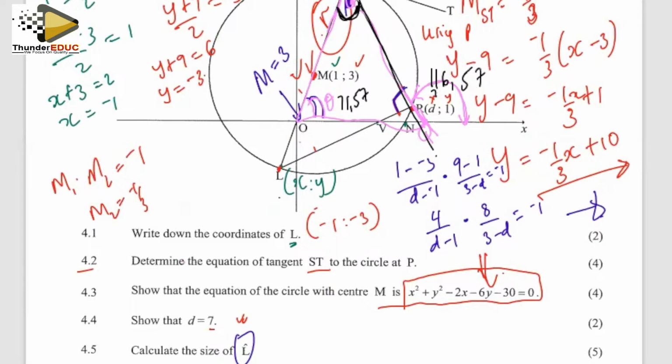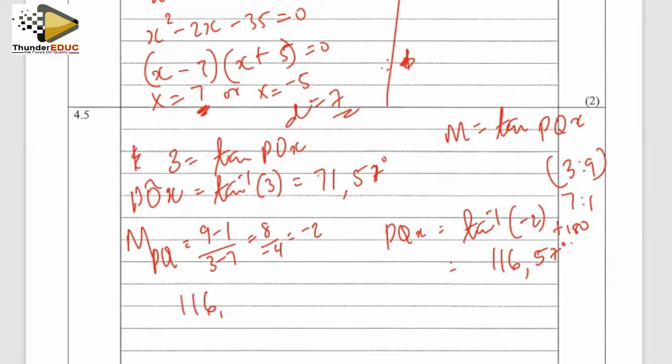Then OPR, okay, saying OPR is going to be 116.57 minus 71.57. Okay, 116.57 minus 71.57, which gives me a 45.